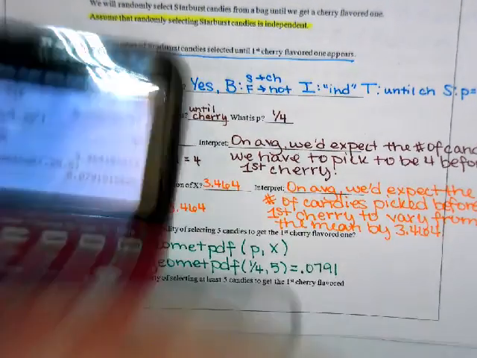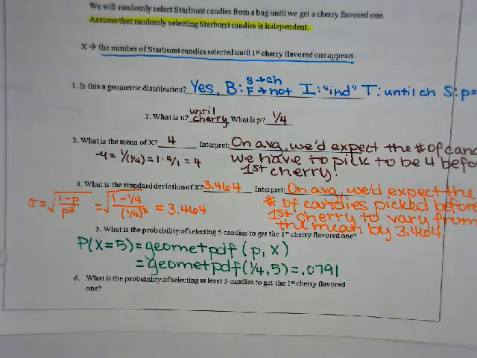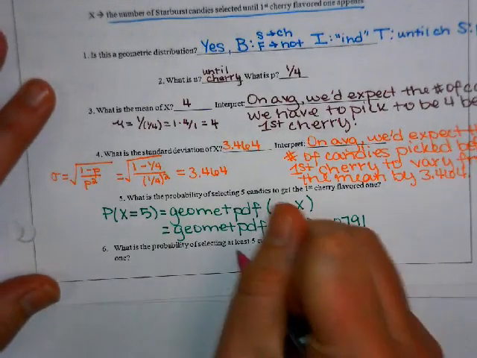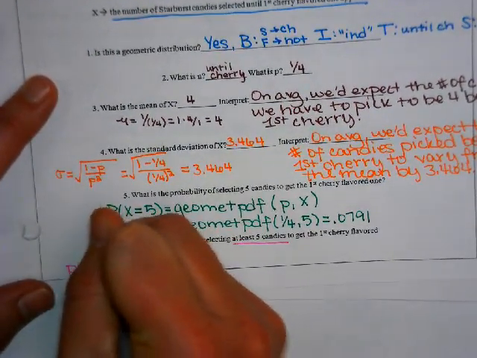No? Alright, probability of selecting at least 5 candies till we get the first cherry. At least 5. Is that greater than or equal to 5, or less than or equal to 5? Greater than or equal to. And what is the weird thing about the binomial CDF that we had to do with the greater than questions? 1 minus.